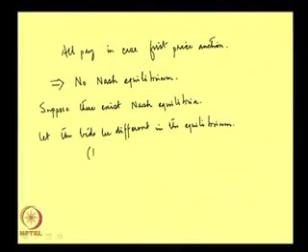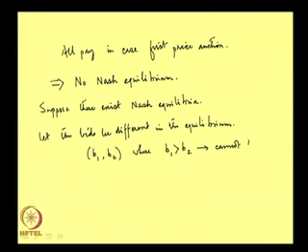So I have B1, B2, where without loss of generality B1 is greater than B2. Now, is this a Nash equilibrium? This cannot be a Nash equilibrium, because player 1, who is bidding more, will deviate and bid something less. If he bids something less, he can improve his payoff.